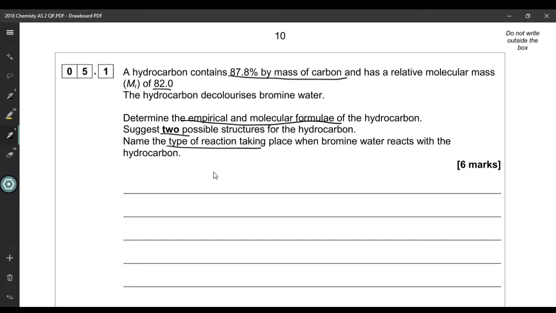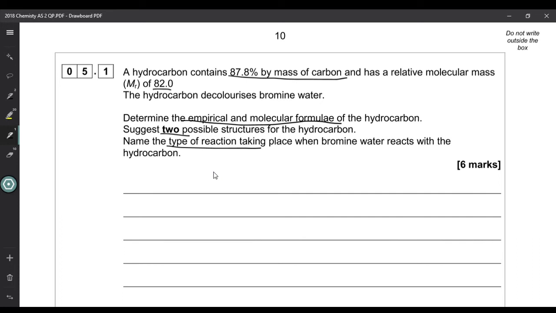So we know it's a hydrocarbon, so if 87.8% of it is carbon, that must mean the other 12.2% of it is hydrogen. So to find out the relative ratios, what we need to do is divide by the atomic masses.